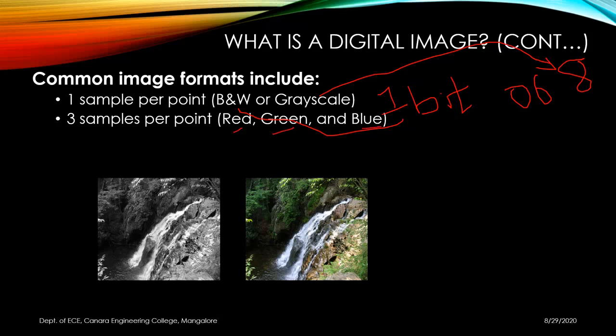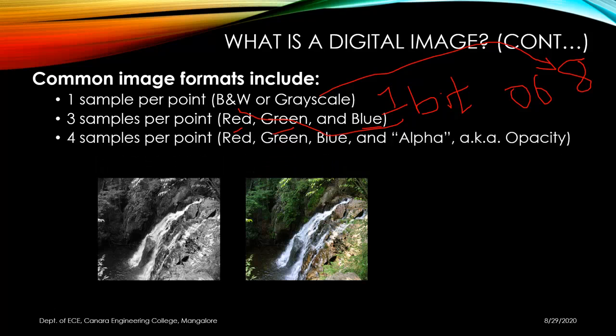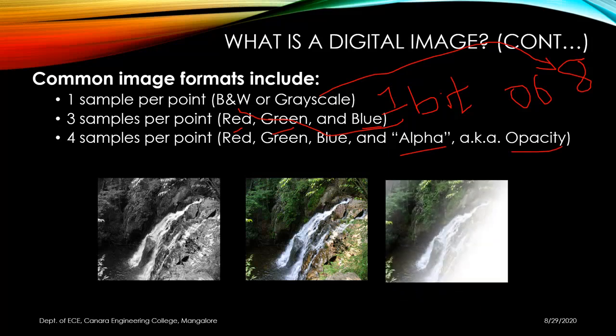Just by adding the alpha content, we can make the background somewhat visible, means we can make the image transparent or opaque by varying the alpha value. So these are the different image formats that we can have.